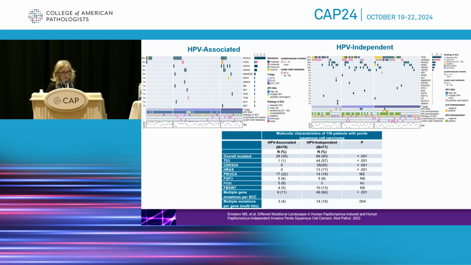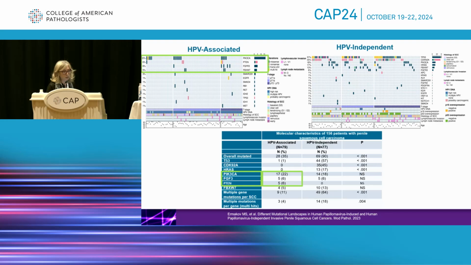In more recent years, and this is a paper from last year, some authors have studied by next generation sequencing the molecular phenotype of squamous cell carcinomas that are HPV associated, and tumors that were HPV independent.